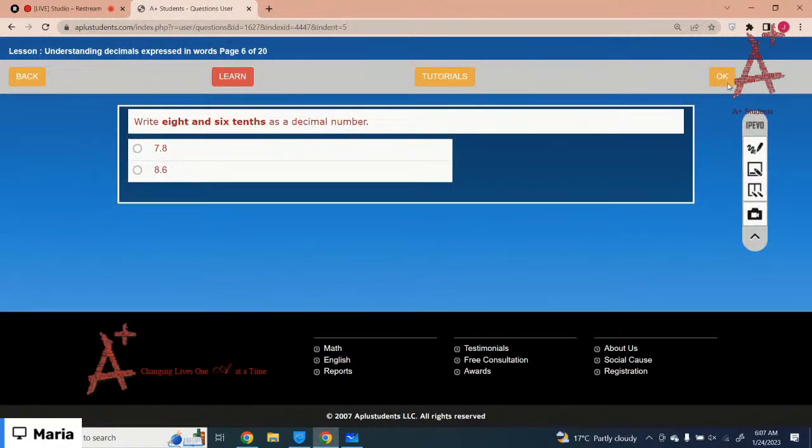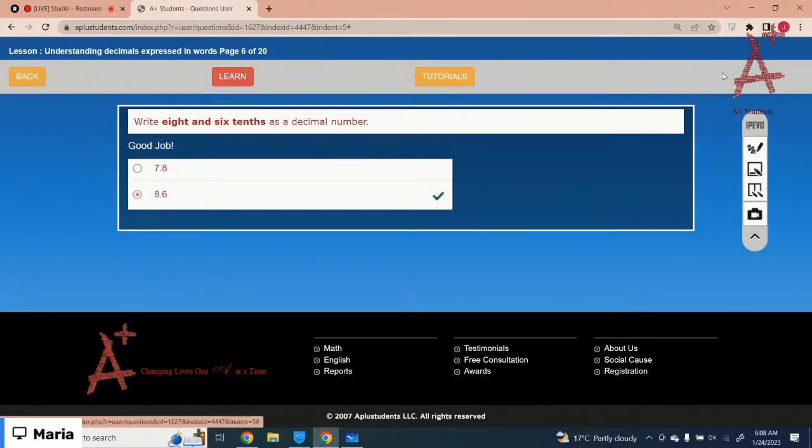Okay, write 8 and 6 tenth. So which is the correct option? That would be 8.6. Got it? Okay, you can complete the test by yourself later today.